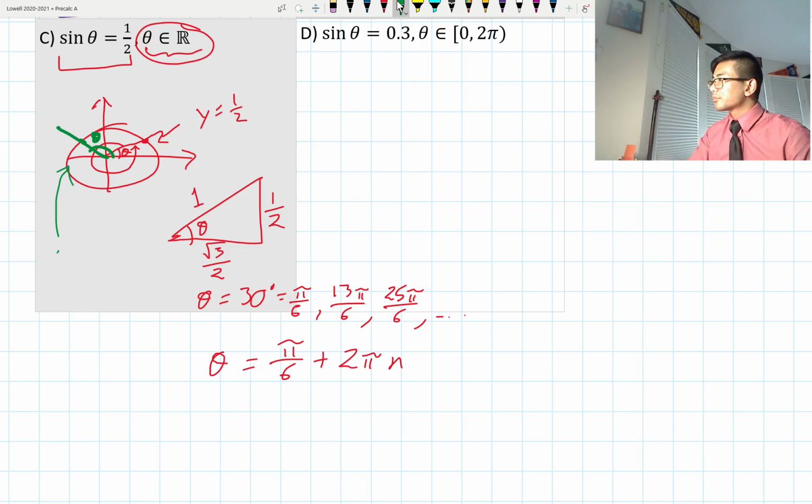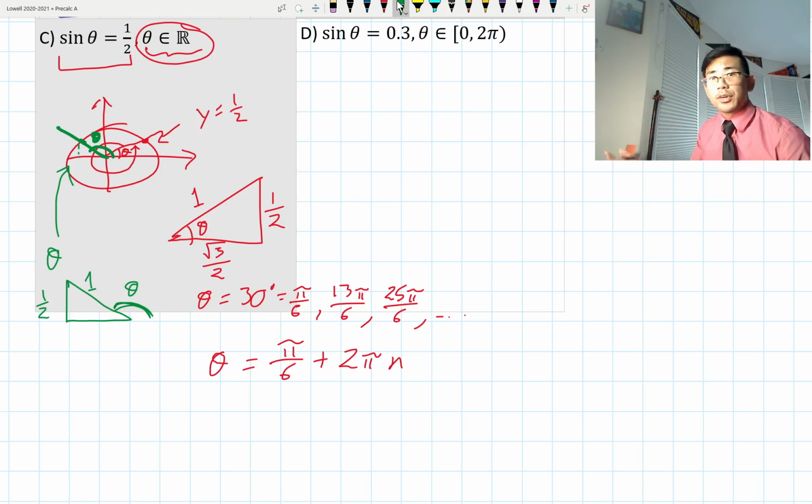Okay, let's try to keep track here. I'm going to draw my reference triangle, or my reference angle, here. We don't know what that angle is yet, but we know that this angle over here is theta. Since the y value is 1/2 right there, and the hypotenuse is still 1 on the unit circle, the other leg is also going to be root 3 over 2.